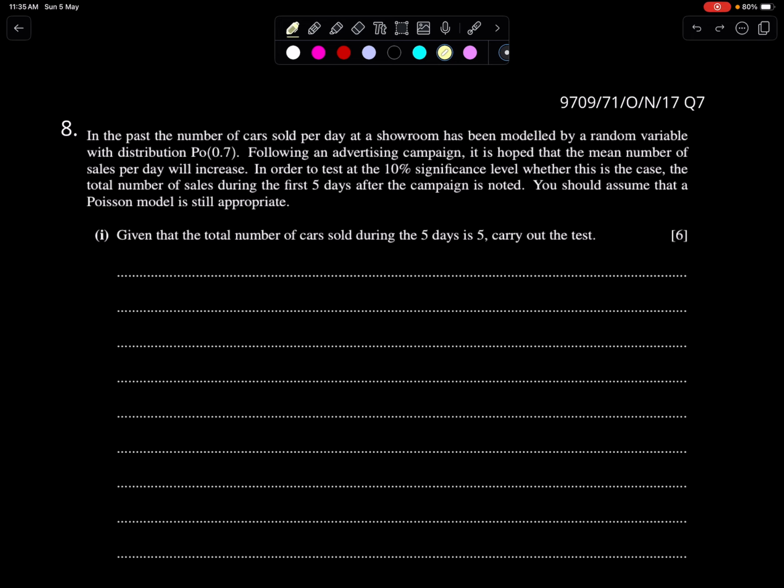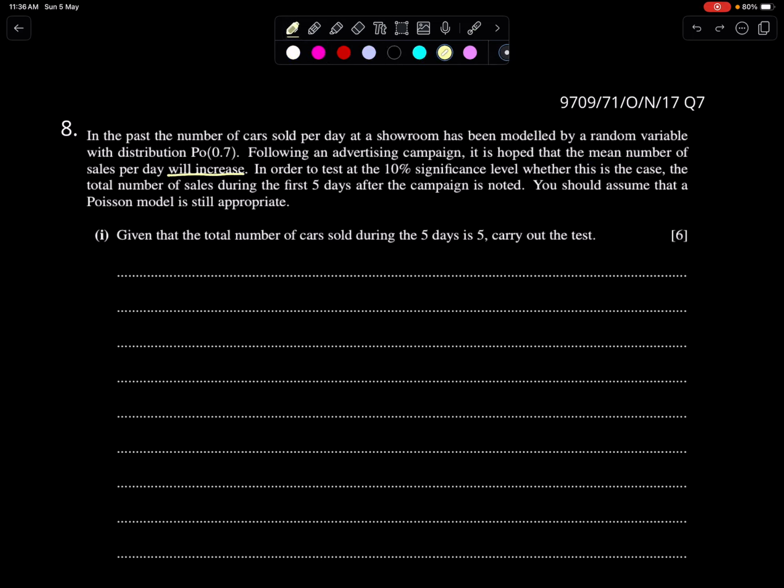In the past, the number of cars sold per day at a showroom has been modeled by Poisson with lambda 0.7. Following an advertising campaign, it is hoped that the mean number of sales per day will increase, meaning lambda is greater than 0.7. So H1 has a greater sign.